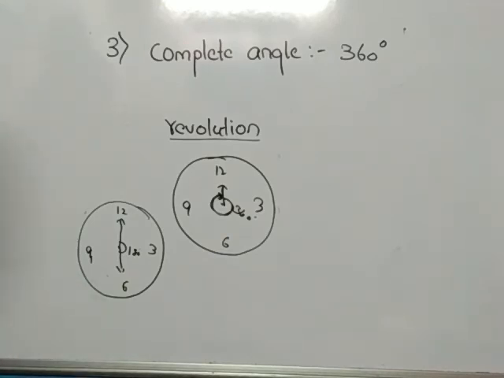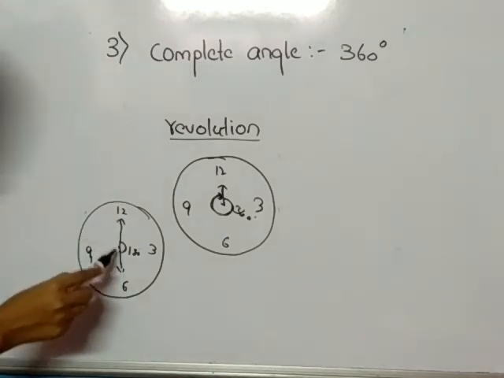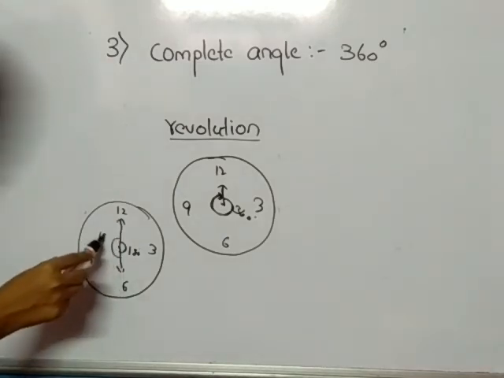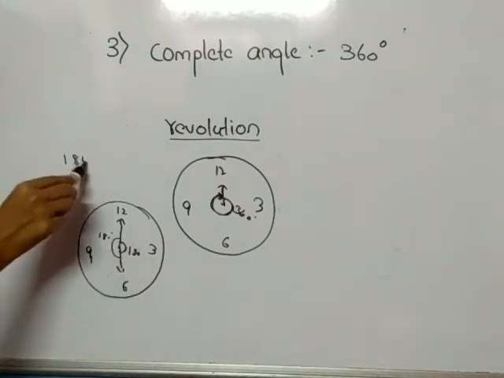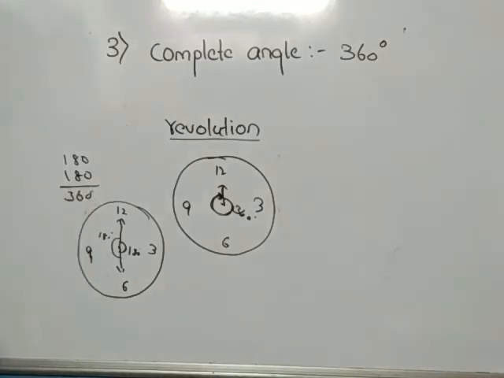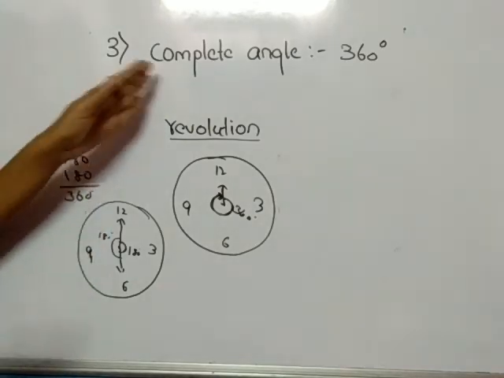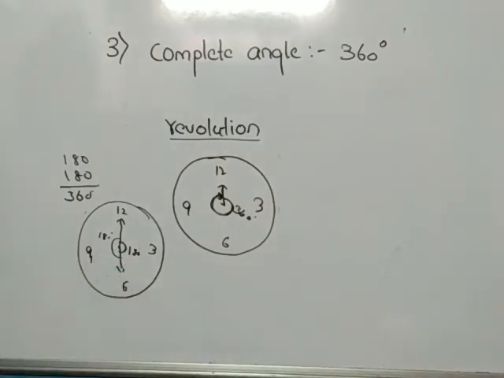This is 180 degrees, one straight angle, and this is one more, 180 degrees. If we add 180 and 180, we get 360 degrees. So to make a complete angle we require two straight angles.